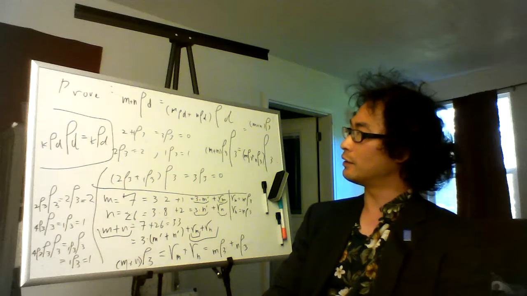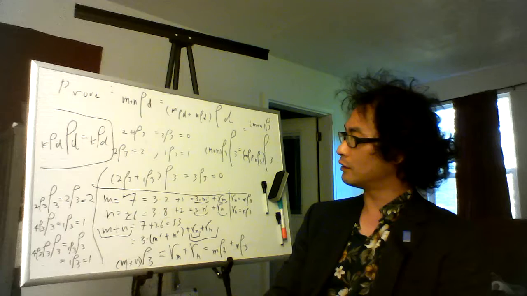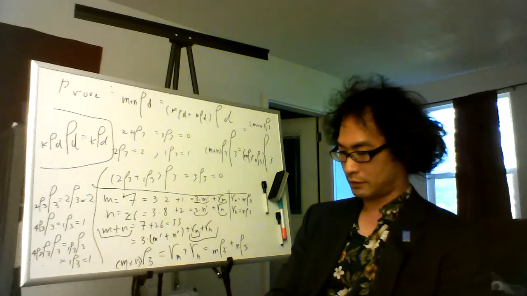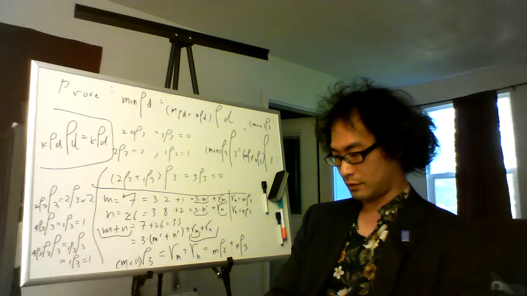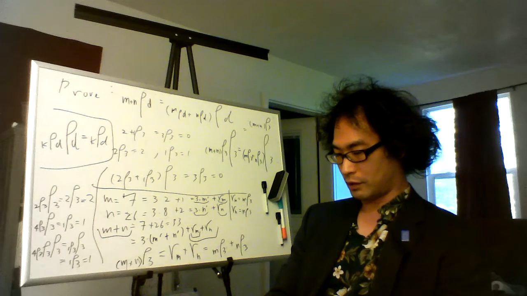Prove (m plus n) rho d equals m rho d plus n rho d.